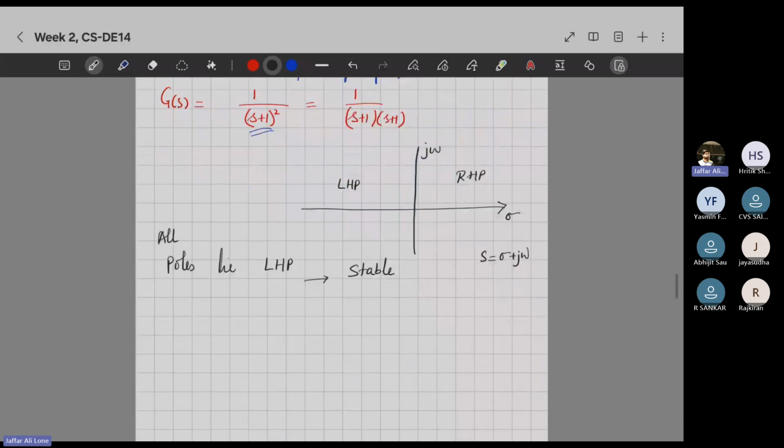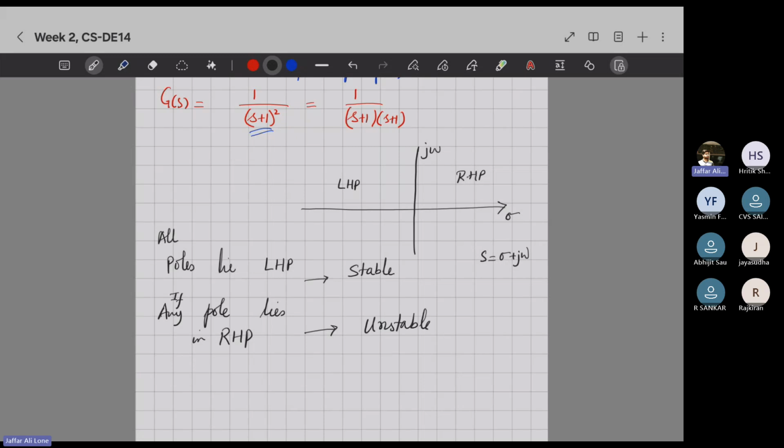But if I have three poles of the system and one pole lies in the RHP, so if any pole lies in the RHP, that makes the system unstable.